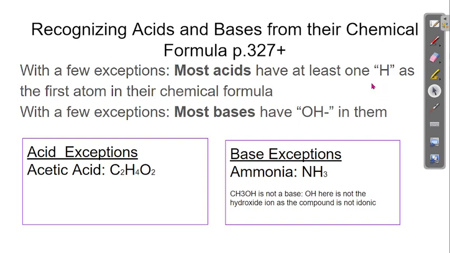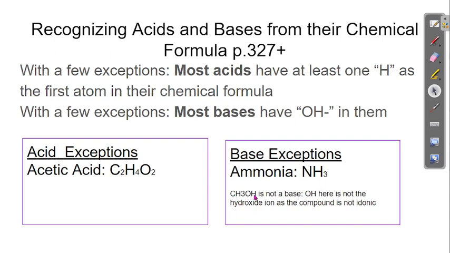With a few exceptions, most bases have the hydroxyl ion in them, but not always. Here are some exceptions. We just saw this acid right here. This is acetic acid. So C2H4O2 is acetic acid. And here's another exception for the bases. In this case, they don't have the hydroxyl ion, which is ammonia.